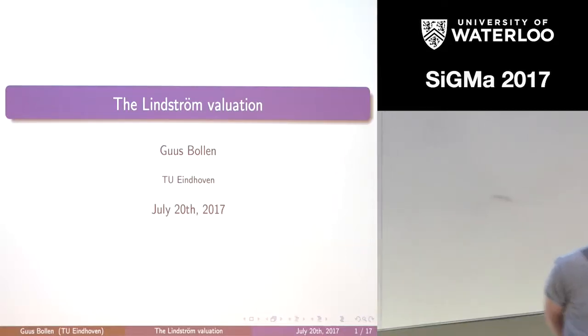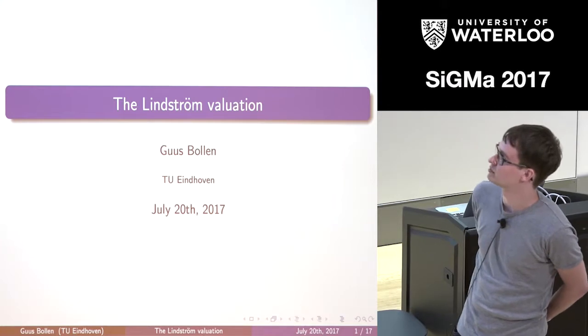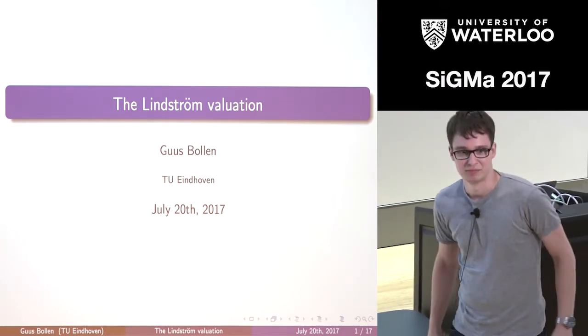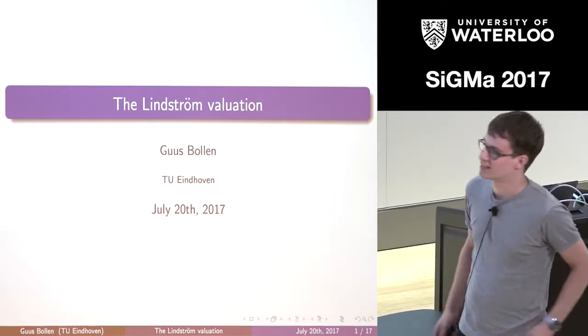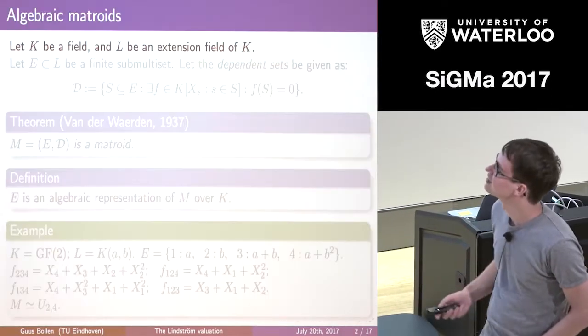Thank you for allowing me to speak about algebraic matroids, disguised by a fancy title. But before I get to the meaning of this fancy title, I'll first define algebraic matroids.